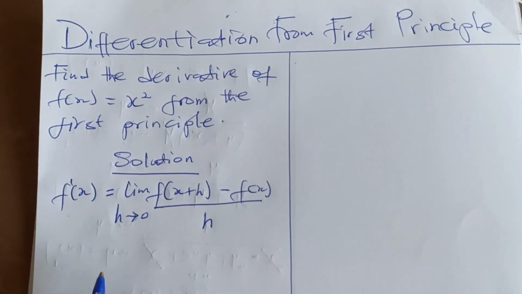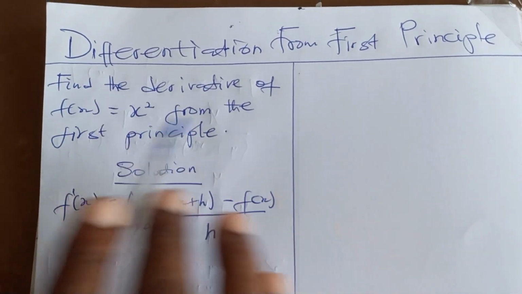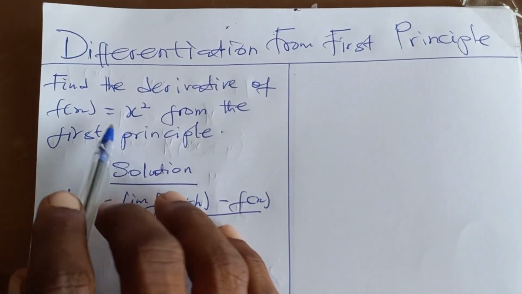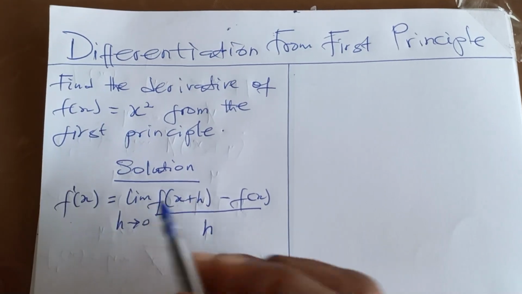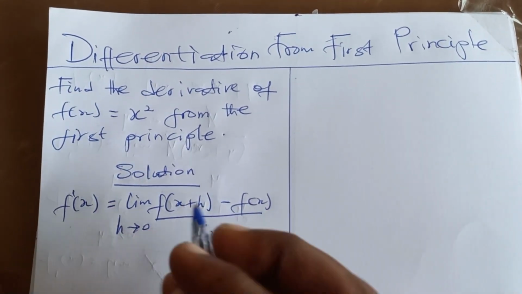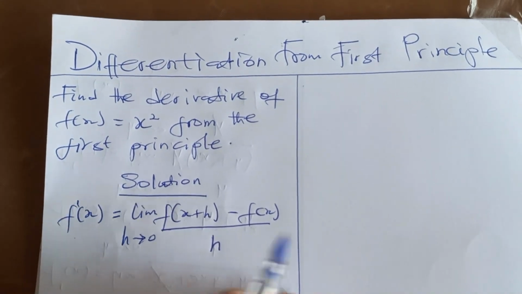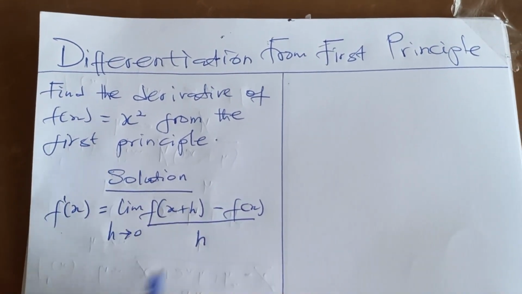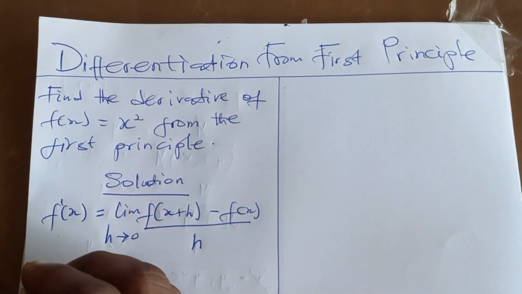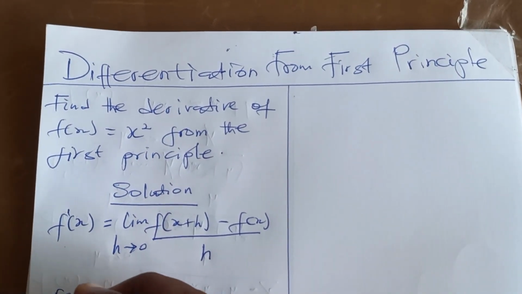So now our question is, you should find the derivative of f of x is equal to x squared using the first principle. And this is the definition for the first principle or the formula. Okay, so our f of x is equal to x squared.